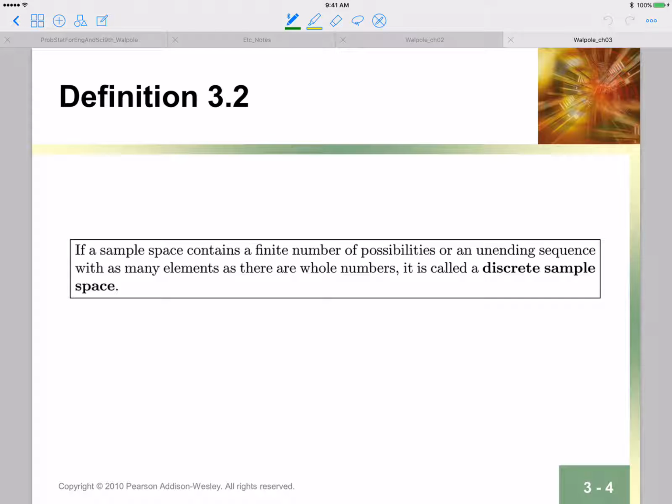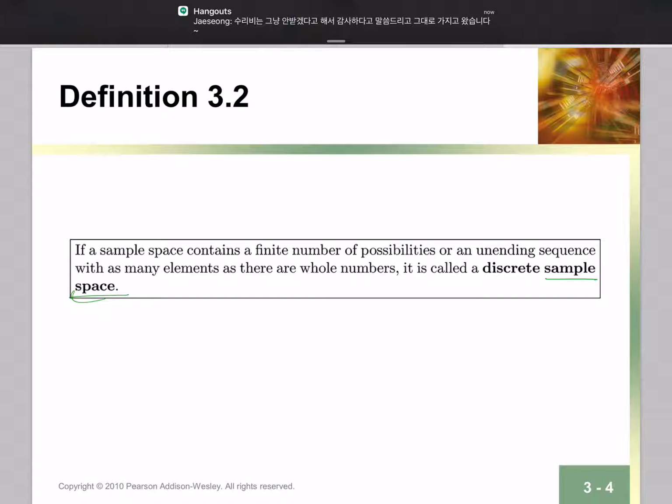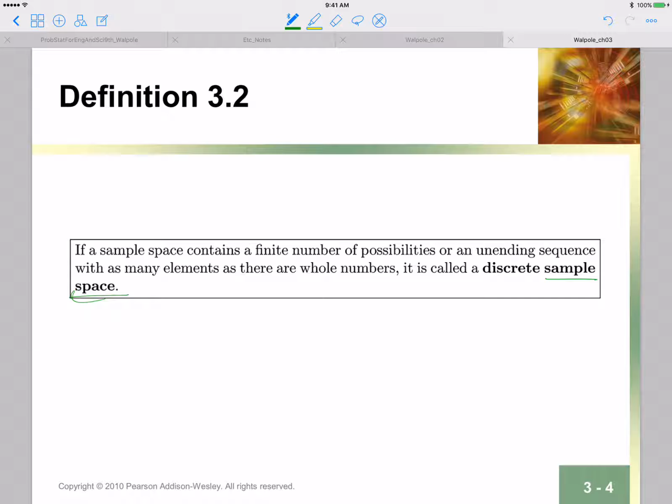In the previous chapter we learned about the sample space, and this sample space can be categorized into two different types. The first is the discrete sample space, and the other is the continuous sample space. Again, the sample space is just a set, right?